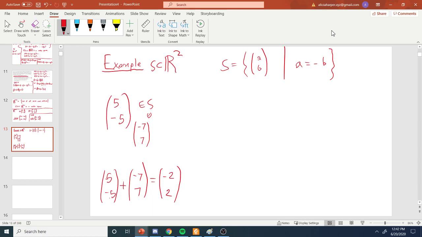In fact, in general, if we have (a, -a) and we add it to (b, -b), then what we get is a plus b in the first component, and -(a plus b) in the second component. And this shows that whenever you have two vectors in this subset and you add them together, you get yet another element of the subset. So we say that S is closed under addition.